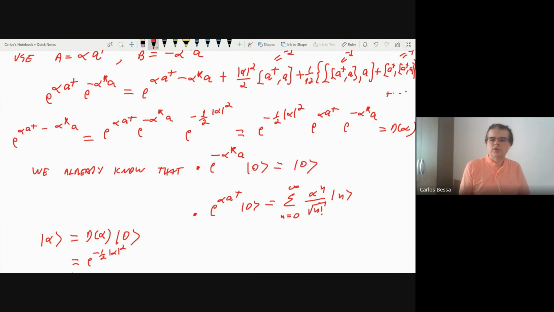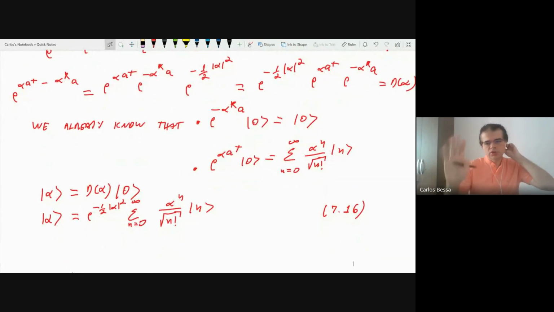This term applied to the vacuum does nothing, and this other term applied to the vacuum does this. So the sum from 0 to infinity of alpha to the n over n factorial. Okay, and this is just equation 7.16 from the Nielsen-Chuang book.